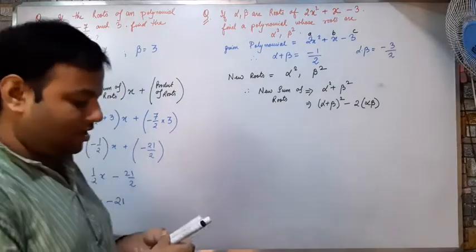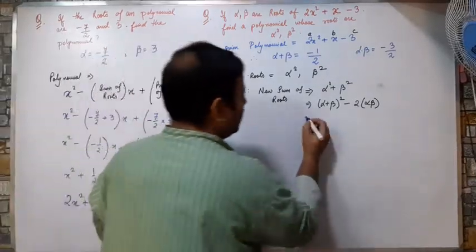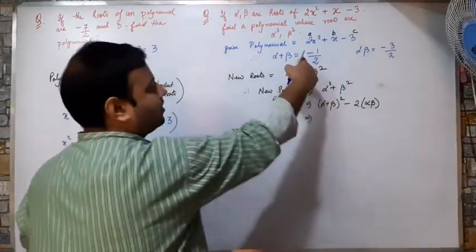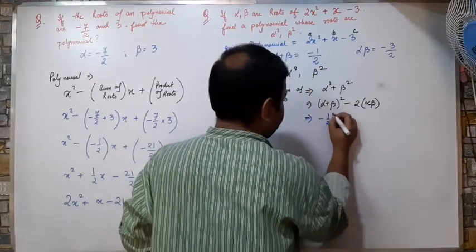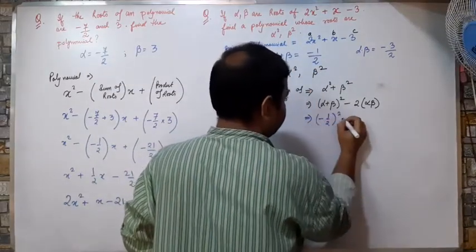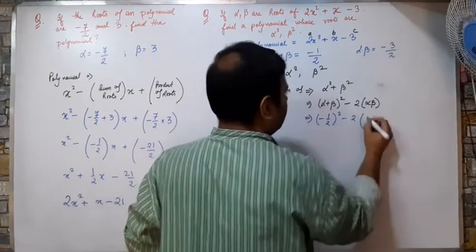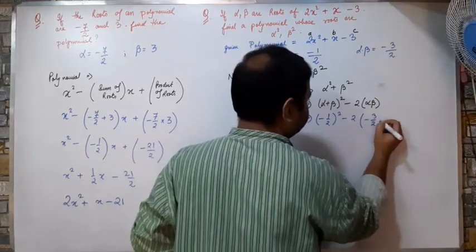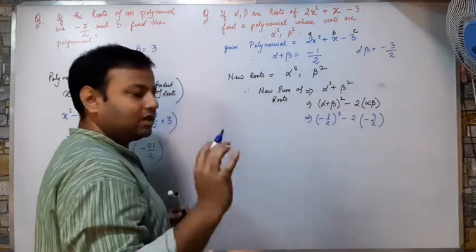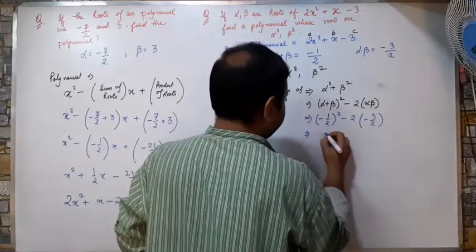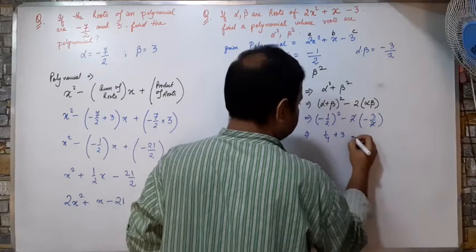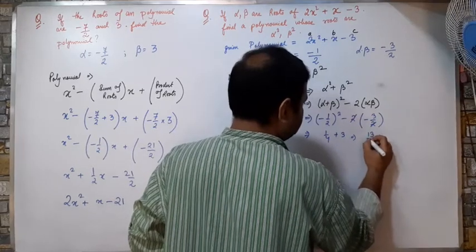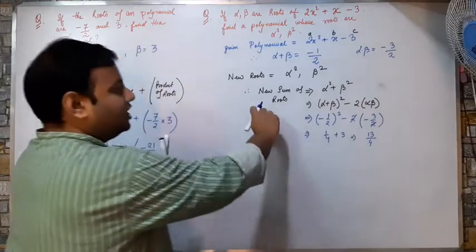Now how to put the values? What is alpha plus beta? I have already got the value of alpha plus beta as minus 1 by 2. Here minus 3 by 2. Correct? Solve it. I will be getting 1 by 4 plus 3, that is equal to 13 by 4. So this is the new sum of roots.